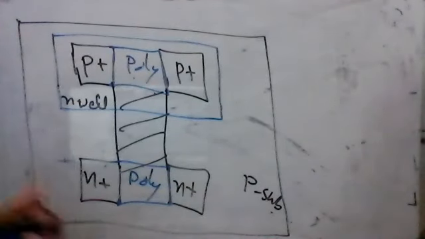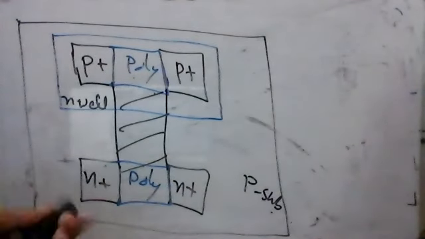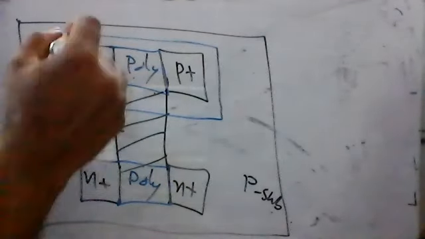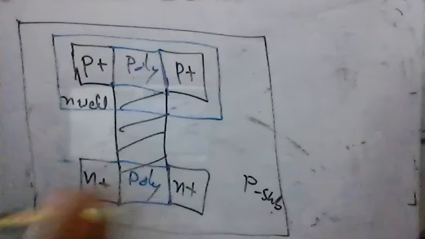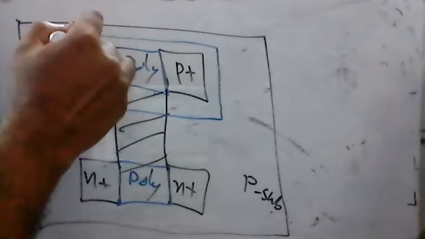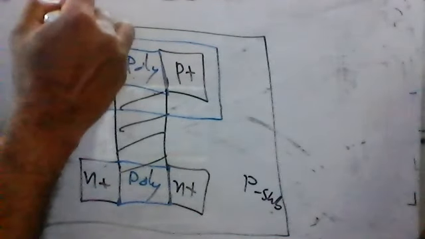This looks very nice, right? It's better than the previous one. And now we have to connect. One of those P plus will be source, and one of these N plus will be source, and the other will be drain. Let's say this one we consider the source, so connected with the VDD.